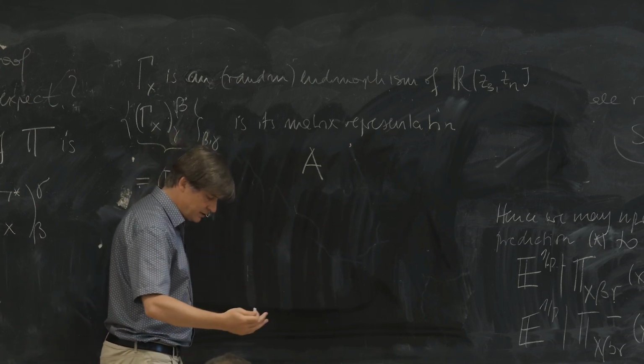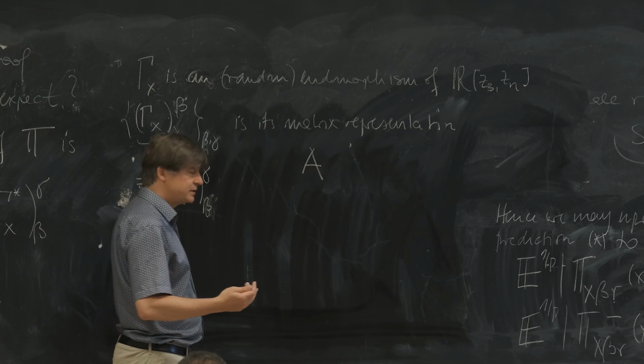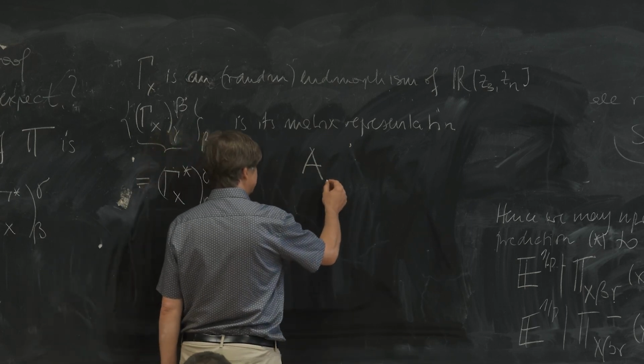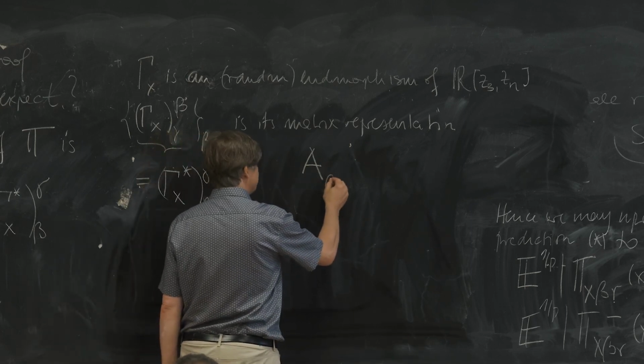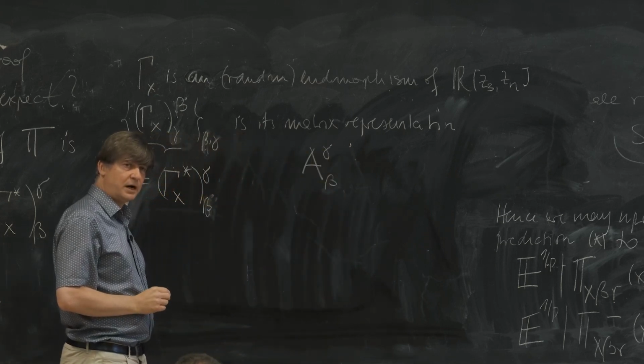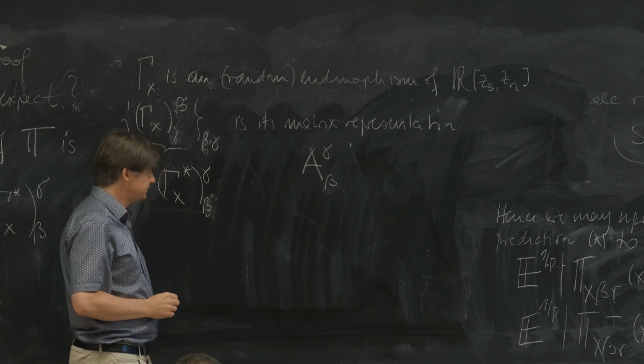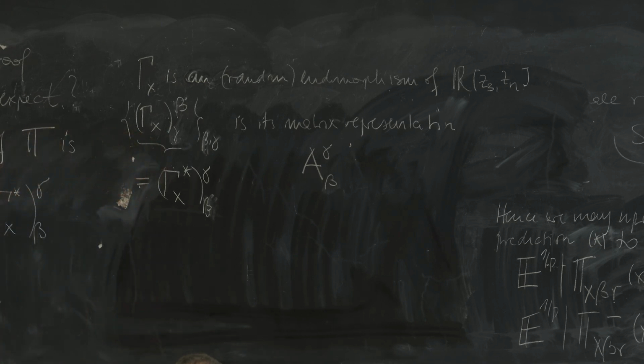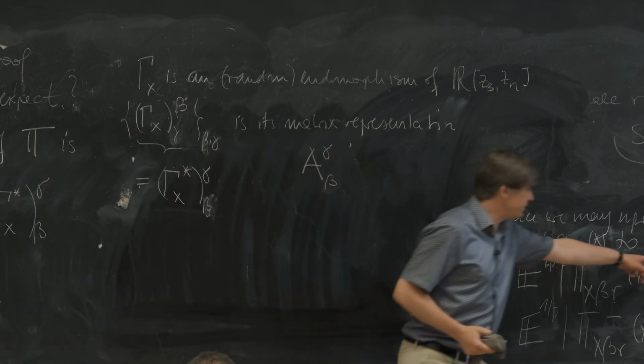And then you have a basis on this vector space. You get a matrix representation. And now, I have, in a certain sense, an output index and an input index. So those are just indices and not powers. Yeah, thank you. So that's just an index. Whereas this, of course, is a power.